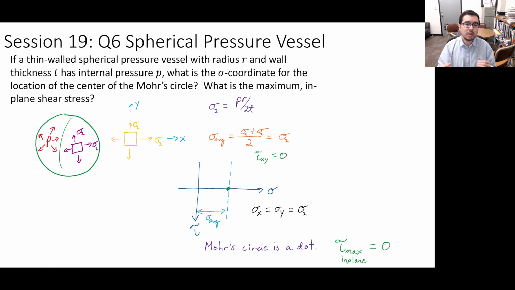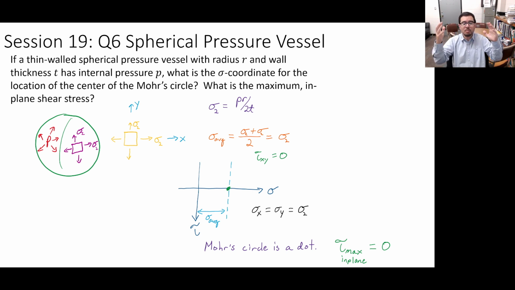So this is one of those classic examples where we gain some insight by using Mohr's circle. But if we had also looked at the problem itself and said, hey, a sphere is radially, polarly, azimuthally, I can't even say that word, but you know, it's symmetric.